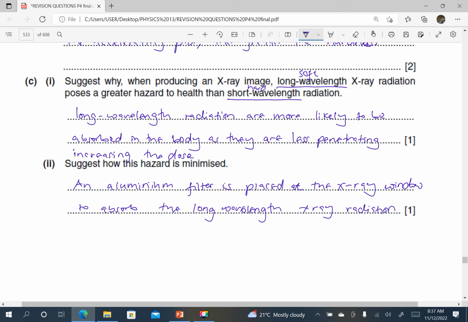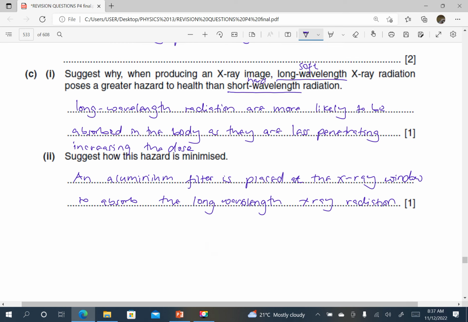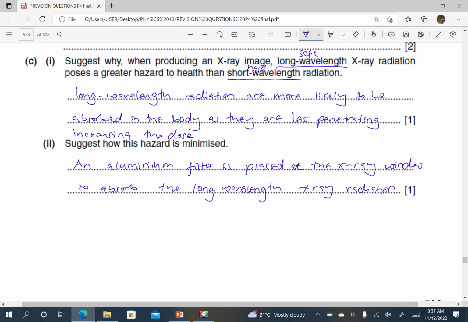That is how we can minimize the hazard of these long wavelength X-rays. We just try to prevent them from reaching the body by filtering them out just at the X-ray window during the X-ray scan.